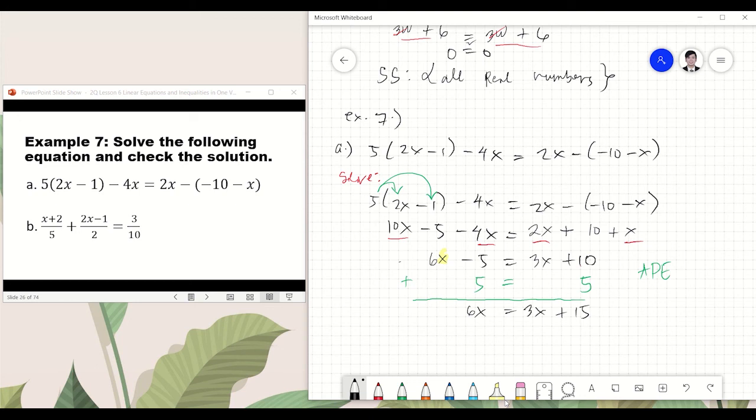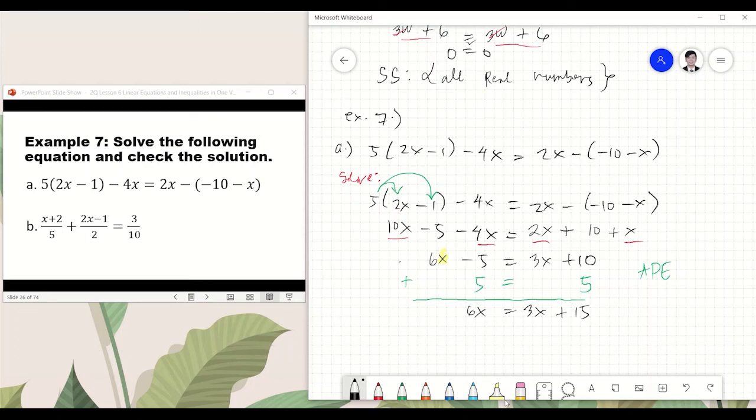Okay. Ano yung susunod na gagawin natin? Hindi muna tayo mag-MPE. Yung tatanggalin natin yung 6 dito. Wag muna. Yung gagawin natin, we make sure na lahat ng terms na may x mapunta sa same side. Sige. Since dito naman tayo nag-start sa left side, so dapat lahat ng may term na x, dapat din kasama siya ng 6x.